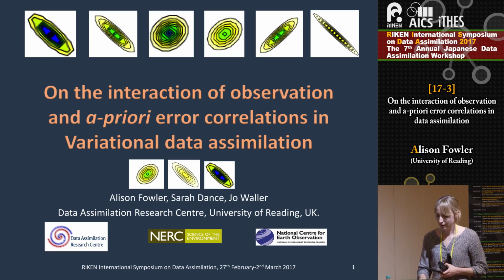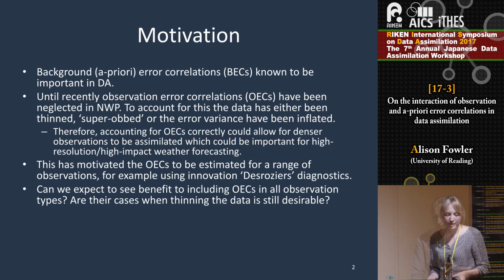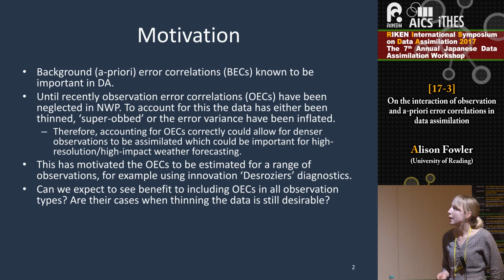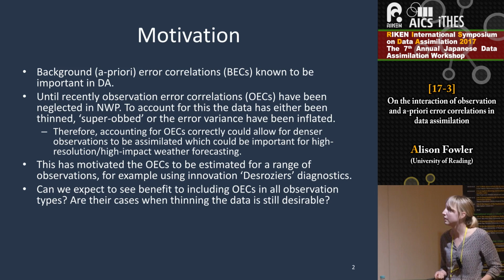in the UK. As you all know, the background error correlations have been known to be important for data assimilation for a long time, and there's lots of effort into modeling the balances and obviously the ensemble methods. But until recently, observation error correlations have largely been neglected in NWP.